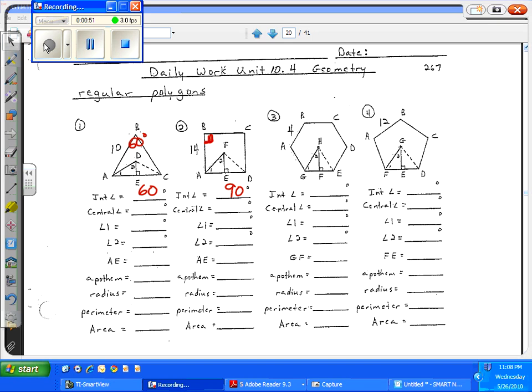So we found those without using the n minus 2 times 180 divided by n formula. On the hexagon, it wasn't a different type of memory work like that. So we have to take the number of sides 6 minus 2 times 180 divided by the number of sides 6, and that'll give us each interior angle.